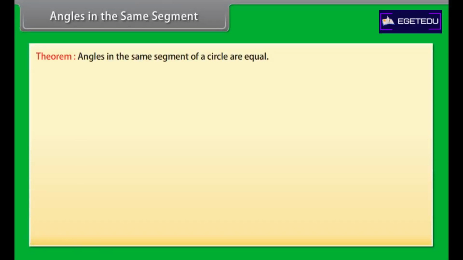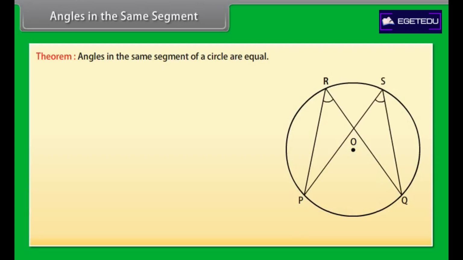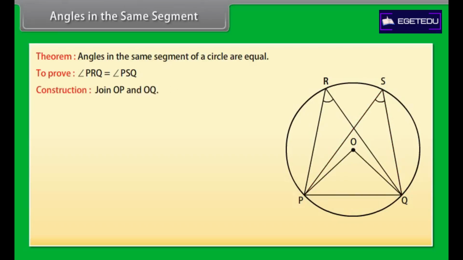Angles in the same segment. Theorem: Angles in the same segment of a circle are equal. Given: a circle with center O and the angles PRQ and PSQ in the same segment formed by the chord PQ or arc POQ. To prove: angle PRQ is equal to angle PSQ. Construction: Join OP and OQ.